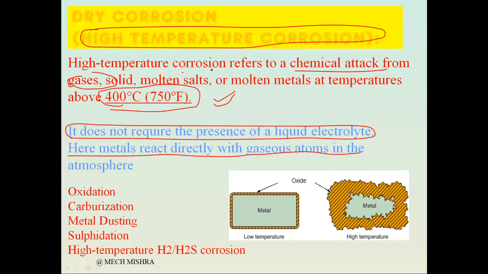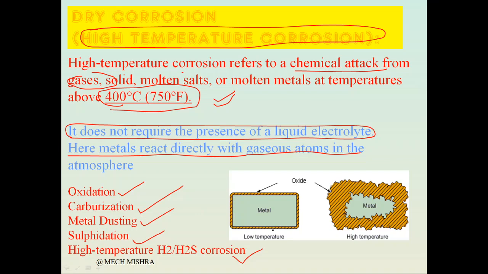So basic examples of dry corrosion: oxidation, carburization, metal dusting, sulphidation, and high temperature H2 or H2S corrosion. Although many more forms of dry corrosion exist, these are the important forms which we will learn further.